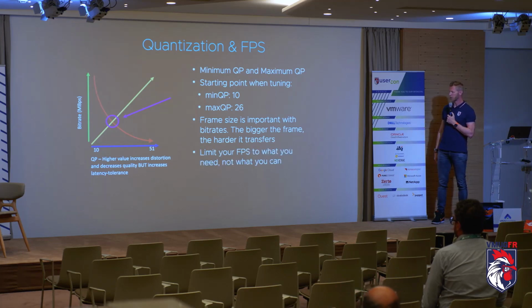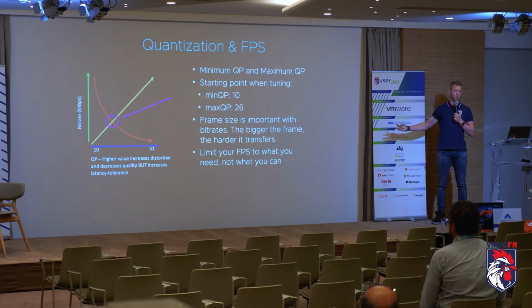So limit the frames per second to what you need, not what you can do, basically. So 60 frames per second sounds really awesome, but the YouTube video on average is not exceeding 30 frames per second anyways. And the human eye is hardly able to distinguish 25 from 30 frames per second, for instance.